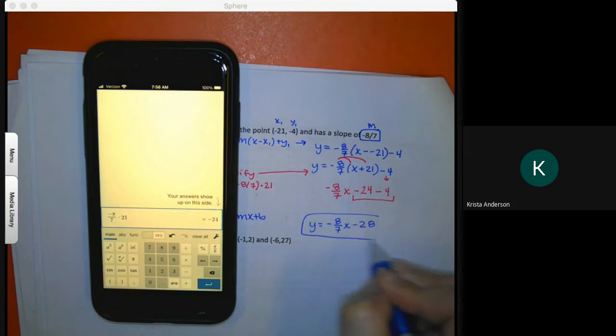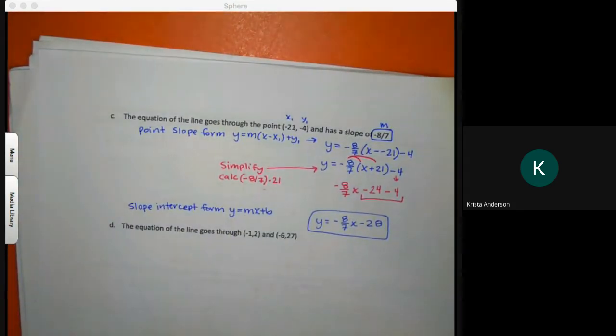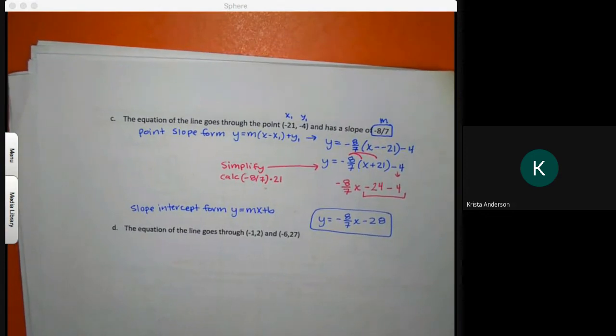This is in slope-intercept form now. So you won't get fractions very often. I think there's only one on your assignment that has a fraction. Like this.